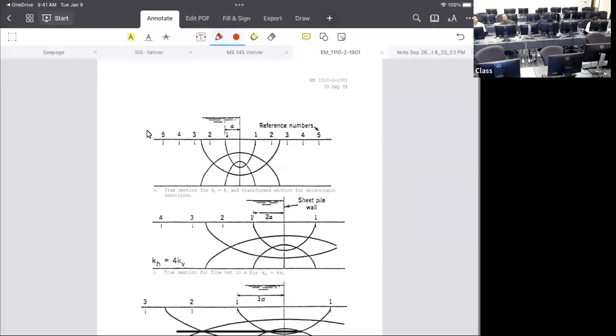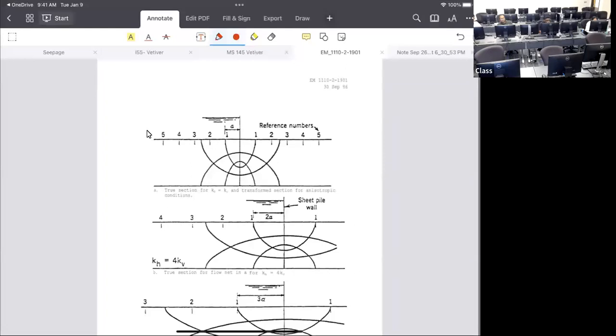So what happens? You need to do the adjustment between your flow line and the equipotential line. Let's say when it travels vertically, it has a certain loss, but when it goes horizontally, it is a different loss. So all you have to do is stretch it by the square root of it. Why the square root?